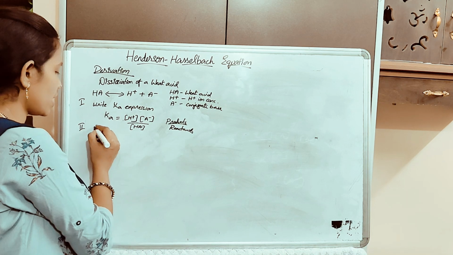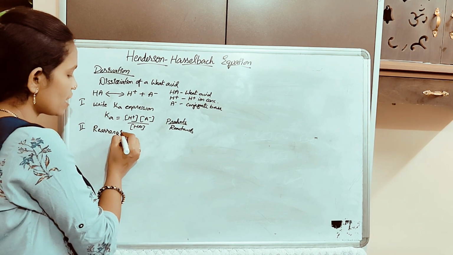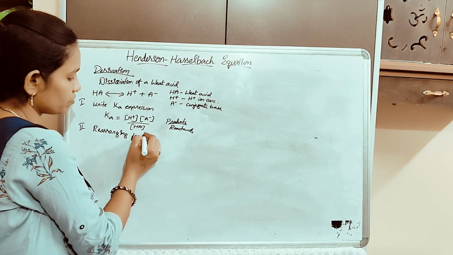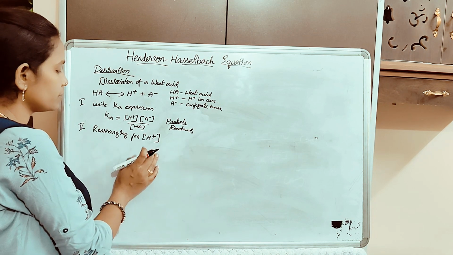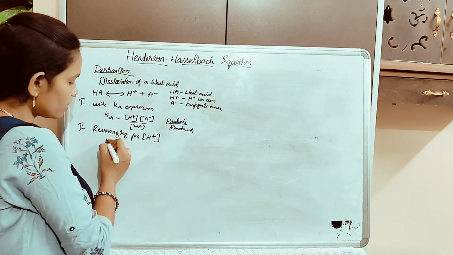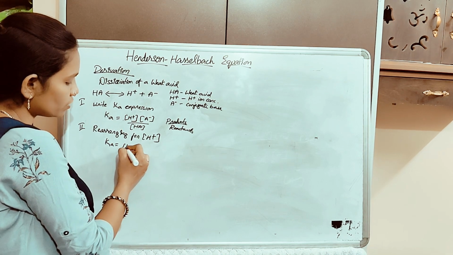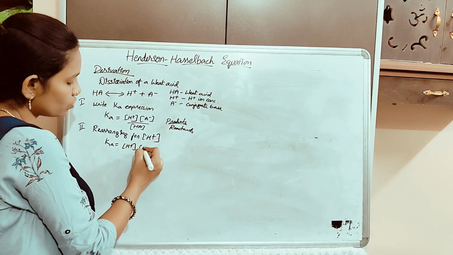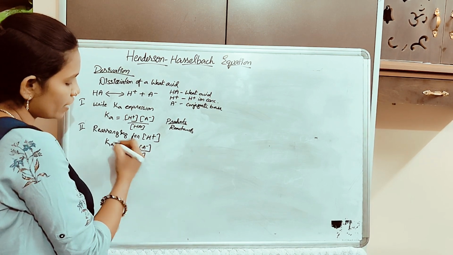Second, we have to rearrange for the concentration of H plus. Let's see. First, we have to write the Ka expression. What is the Ka expression? Ka is equal to concentration of H plus into concentration of A minus by the concentration of HA.